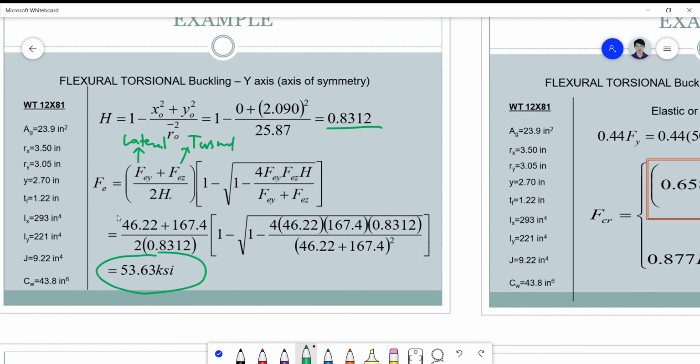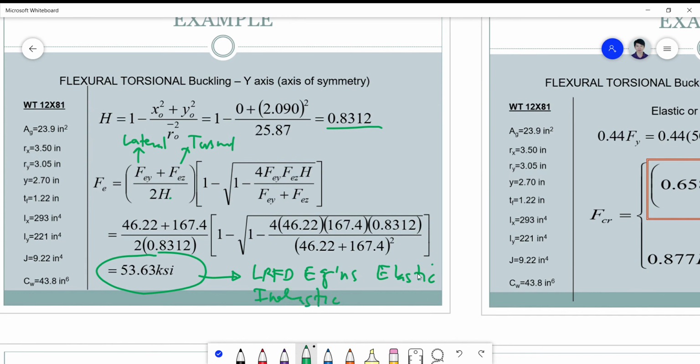O, kuha mo na si Fe. Okay, saan mo gagamitin si Fe ulit? So, you will use this on the formula on the LRFD equations for elastic tsaka inelastic buckling. Yung bell curve, no?